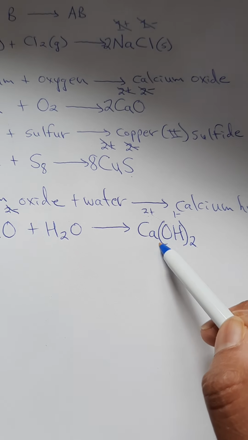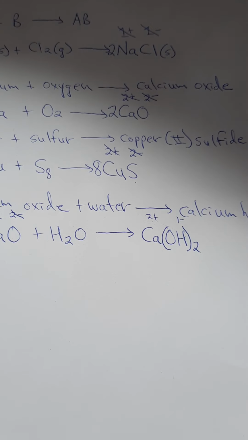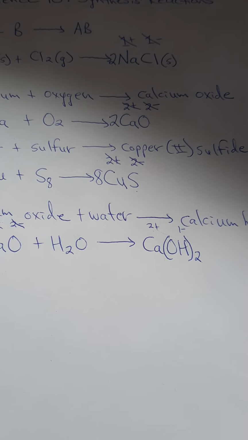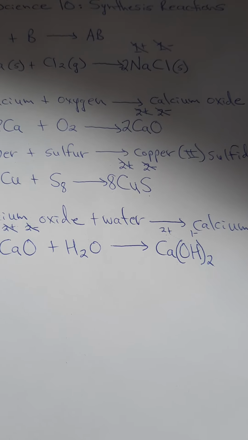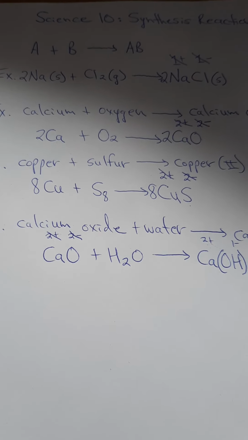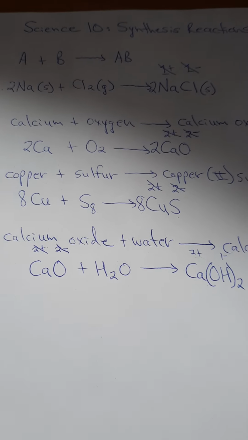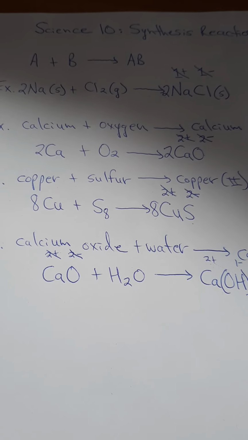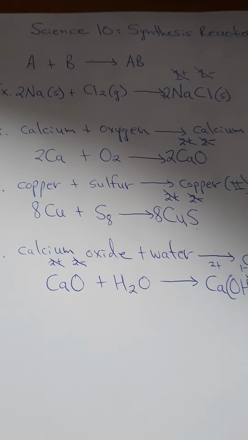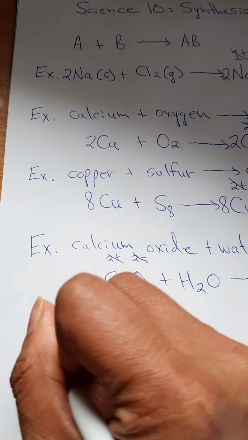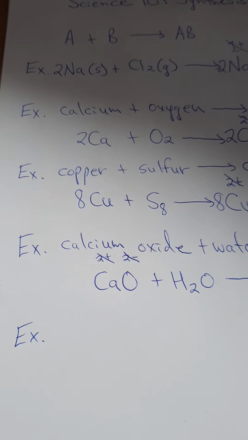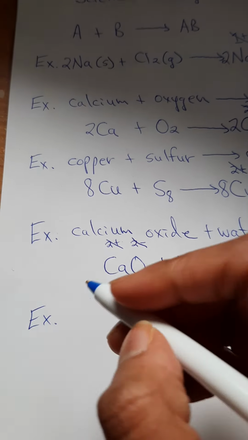This 2 is actually going between the Ca and the OH, but I don't need to indicate that, so we're just going to leave this the same. Does everyone see that? It's just forming calcium hydroxide like this. All right, with that, let's go to the next example. One more time, make sure you do memorize that equation. The next one is hydrogen.